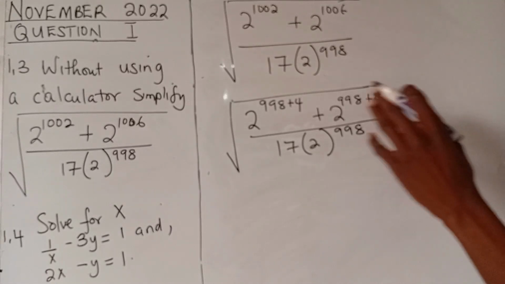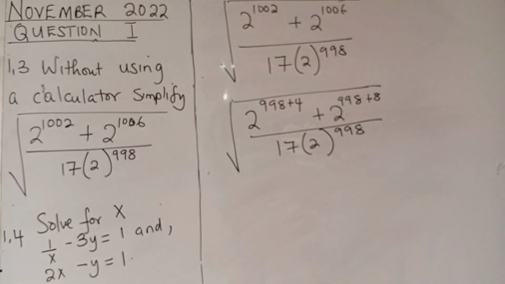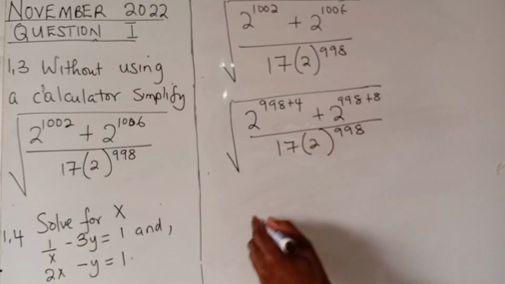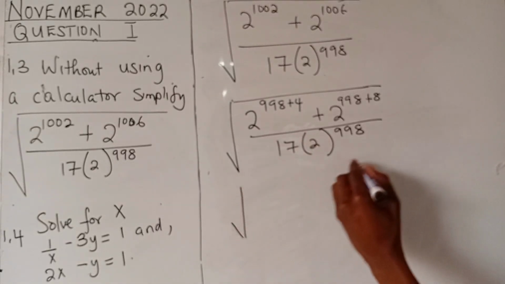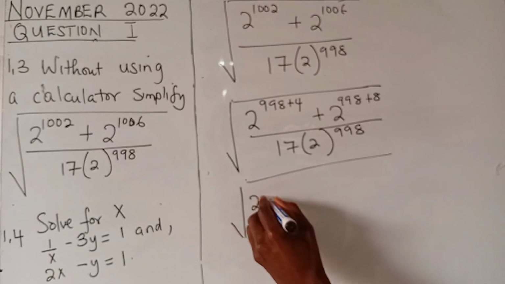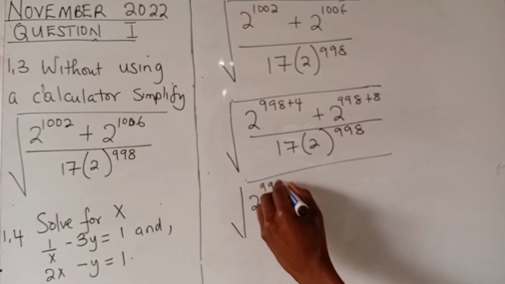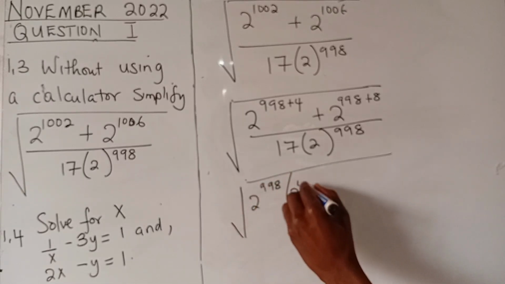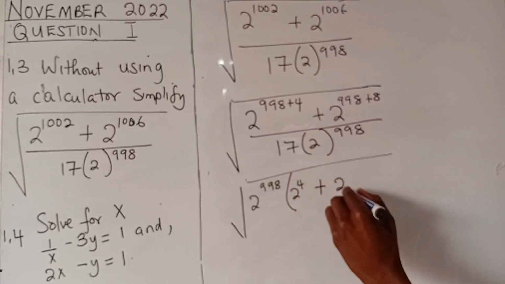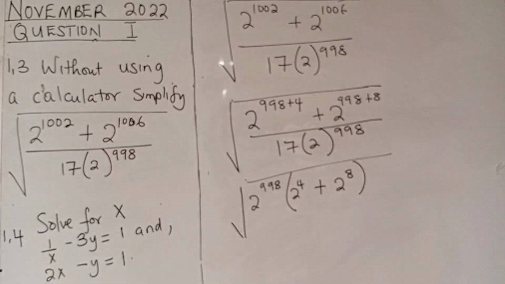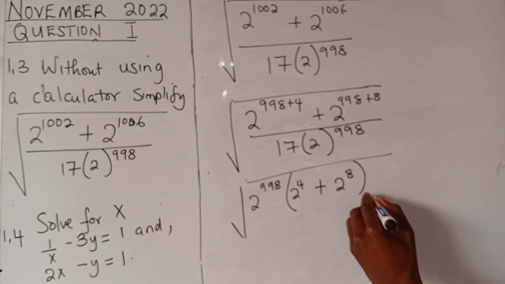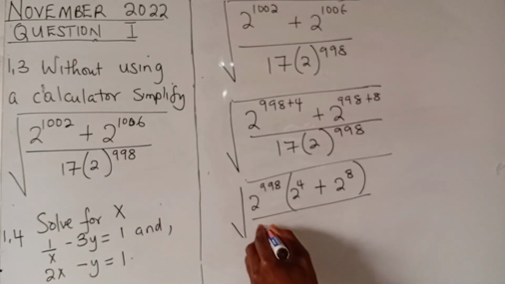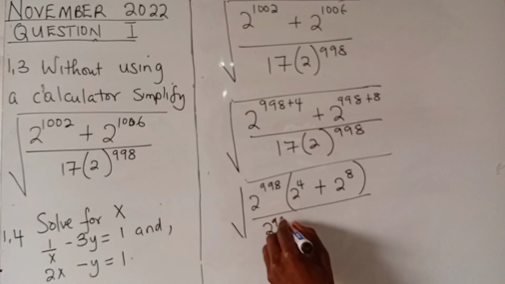So now we look at our expression inside the square root. We see that we have a common exponent here, which is 2 to the power 998. So let's factor out 2 to the power 998. We are going to have 2 to the power 998 bracket 2 to the power 4 plus 2 to the power 8. I understand now you know your laws of indices, is it? Then here we factor out 2 to the power 998.